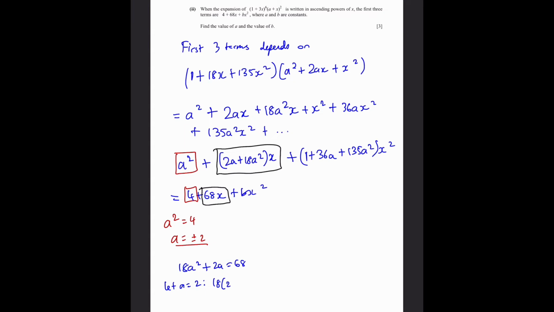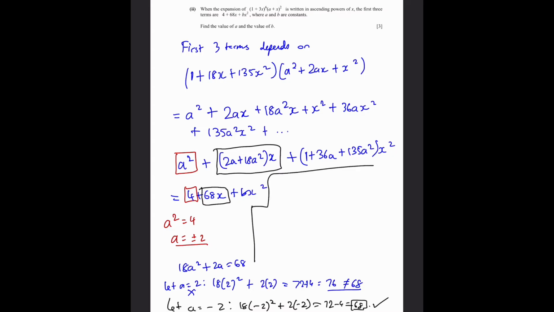That means 18 times 2^2 plus 2 times 2 is equal to 72 + 4, which is 76. That's not equal to 68, so we don't choose a = 2. Now let a equal -2. That means 18 times (-2)^2 plus 2 times -2, which is 72 - 4 = 68. This works. And therefore a = -2 is the correct answer.